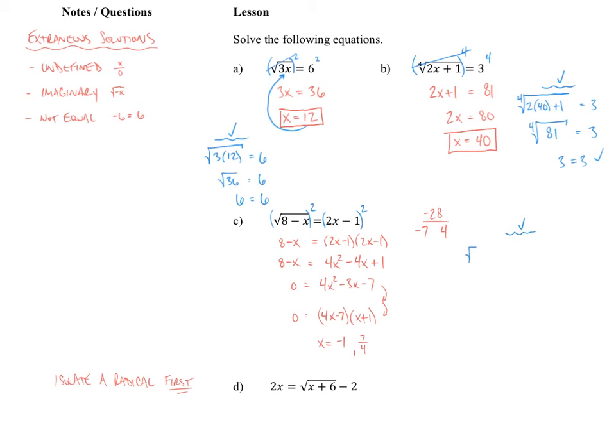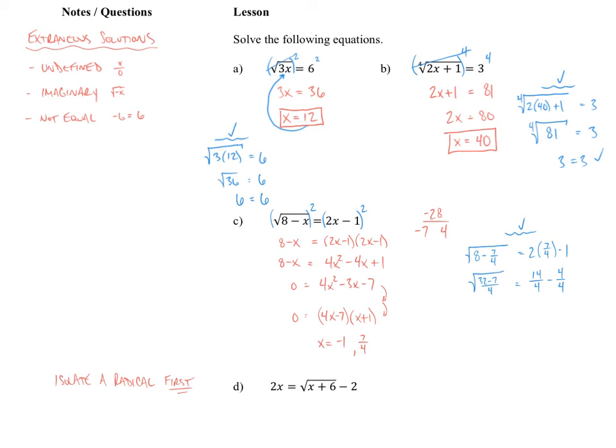Okay, so I have the square root of 8 minus 7/4 equals 2 times 7/4 minus 1. All right, I'm going to need a common denominator under this radical, which is going to be 4. So this is going to become 32 minus 7 over 4 equals, and over here I can rewrite this as 14/4 minus, and I guess I'll just call this 4/4 just to make it easy.